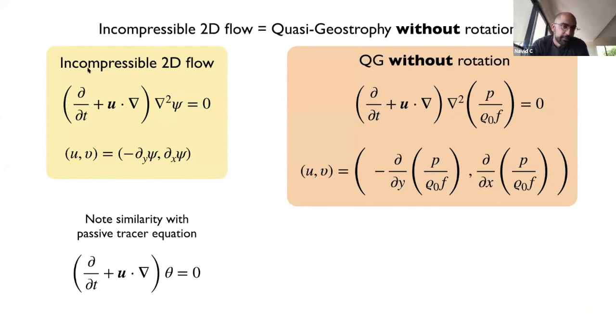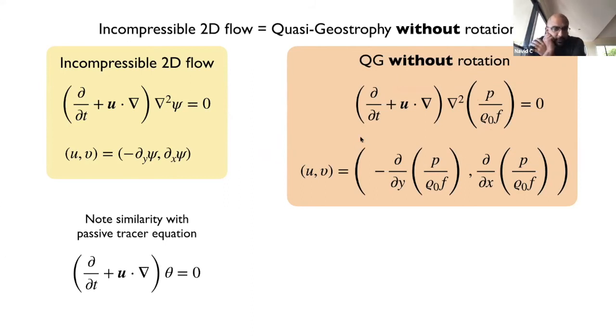So an incompressible two-dimensional flow without rotation is completely identical with the quasi-geostrophic dynamics without rotation. Instead of this stream function psi, we have pressure scaled by density and Coriolis parameter.